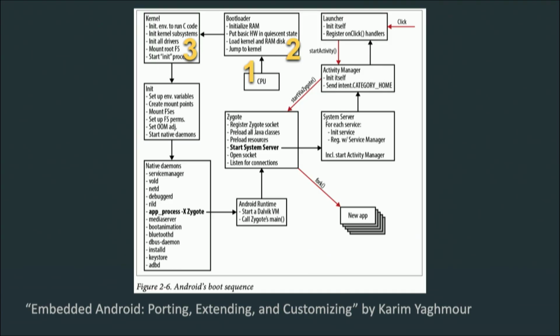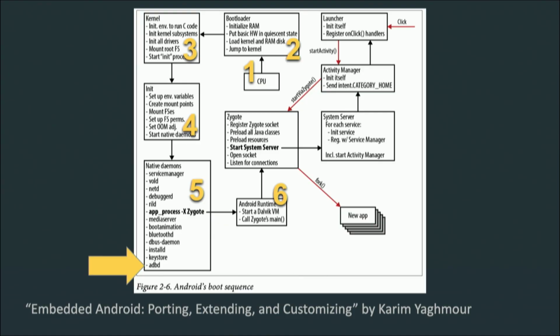And it starts a very important process called init, which mounts file systems, sets up permissions to these file systems, and then starts native daemons, and the ADB daemon is one of these native daemons. And then Android runtime starts. So ADB starts before Android runtime, before any of the Java system services start.